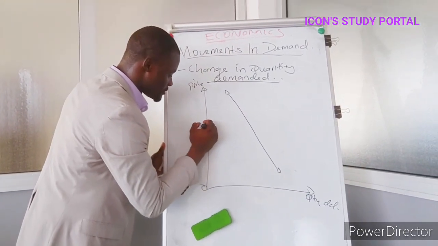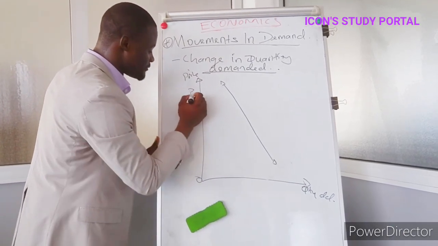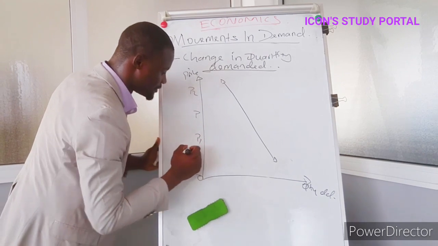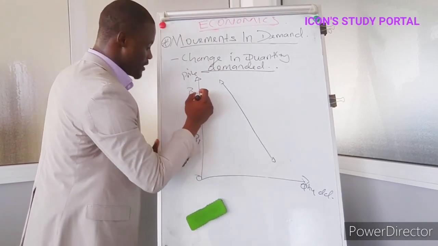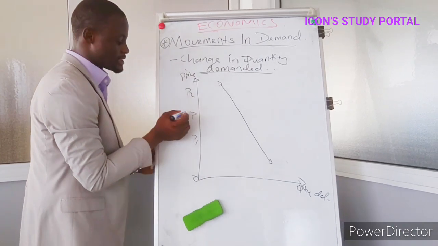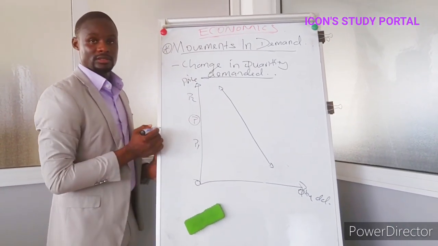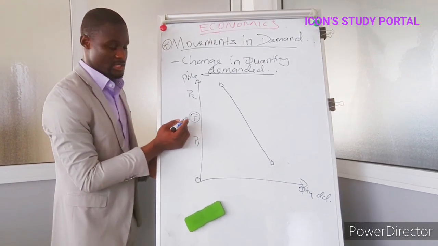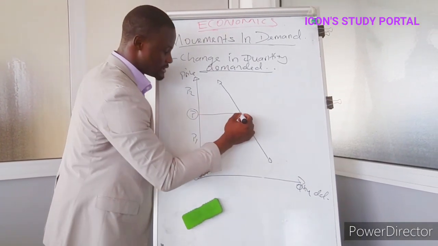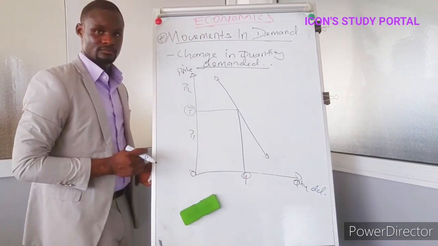Here we have price P, and we have P2 and P1. When at the base price P, quantity demanded is located here.